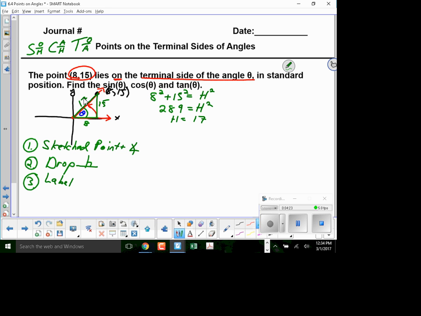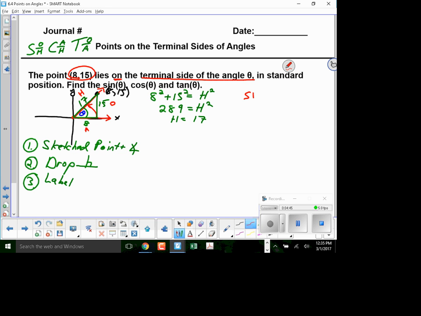So now it's as simple as just reading the triangle. Okay? Now, we want the sine. Remember, for that angle, this is the opposite side. This is the hypotenuse, and this is the adjacent side. So the sine of theta is the opposite over the hypotenuse.